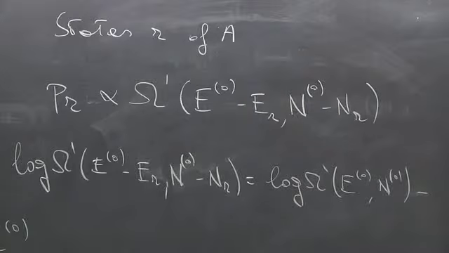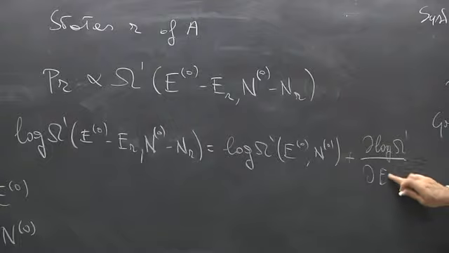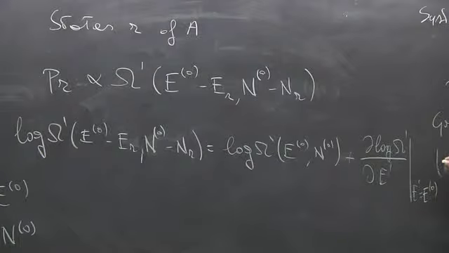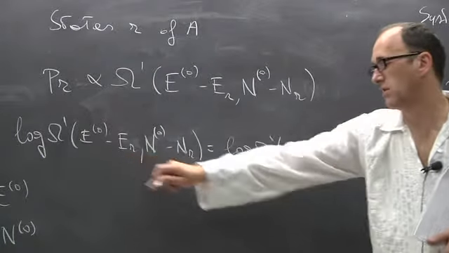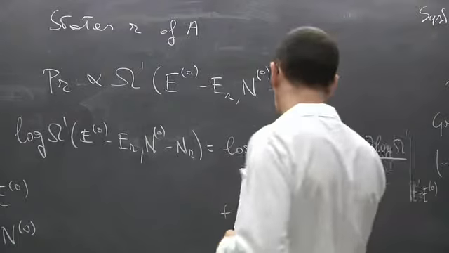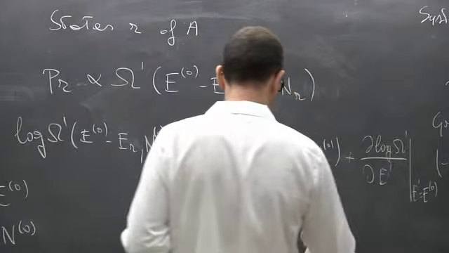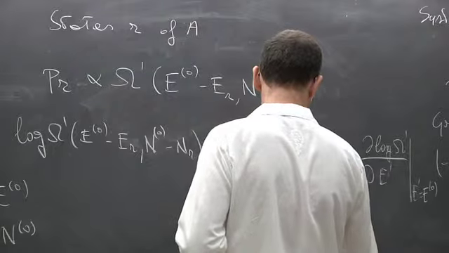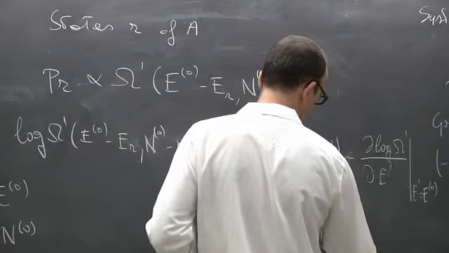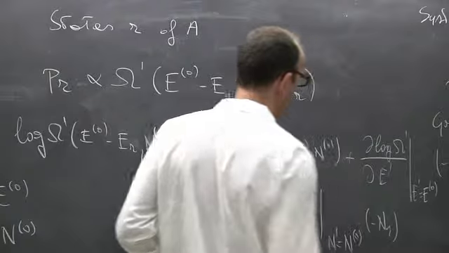And then there is the first derivative, which is the derivative of the log of omega prime with respect to E prime, computed at E prime equal to E0, times the change, which is minus ER, plus the derivative of the log of omega prime with respect to the number of particles of the reservoir computed at N prime equal to N0 times minus NR. Okay?